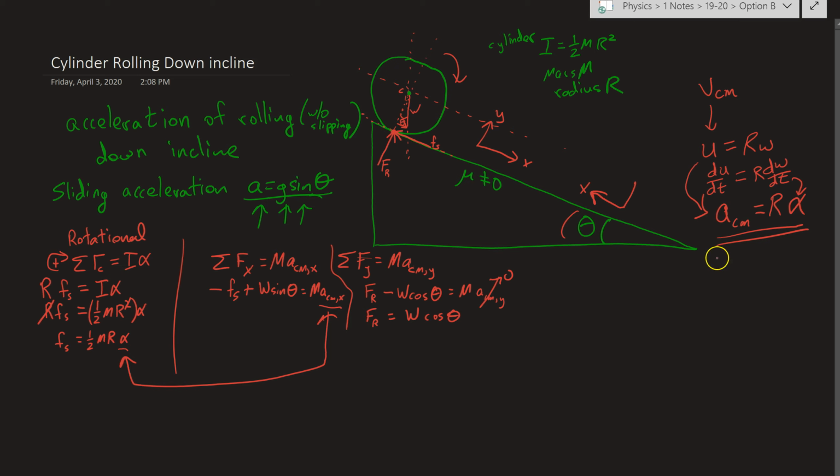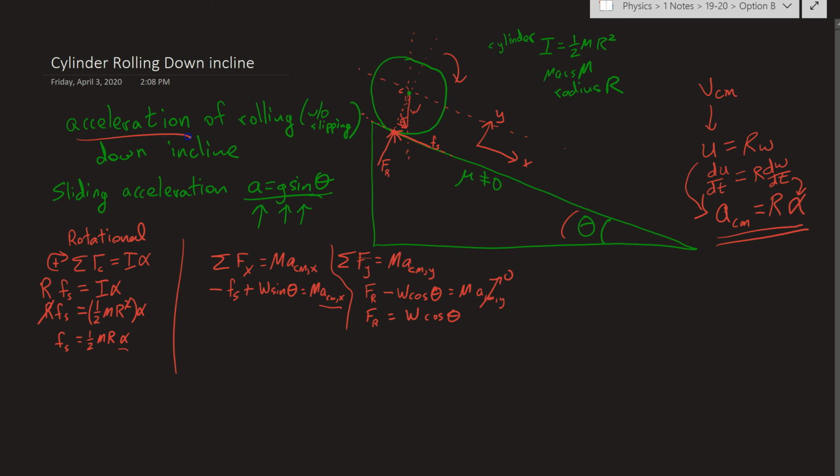And so in that situation, I'd have to plug in my own negative sign to make sure the relation was true. However, that's not a problem here, because down the ramp and clockwise are positive, and that's what the object is actually doing. So a center of mass will equal r alpha. I don't have to throw in a negative sign.